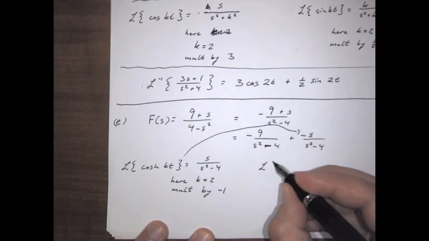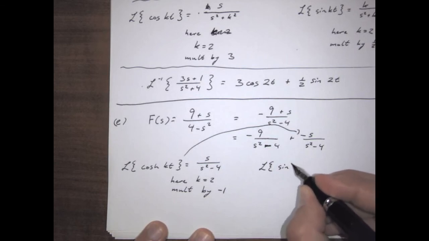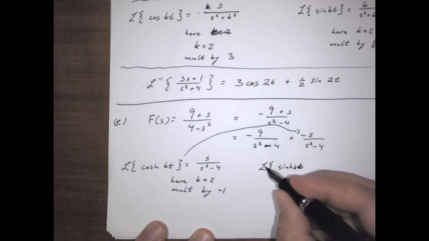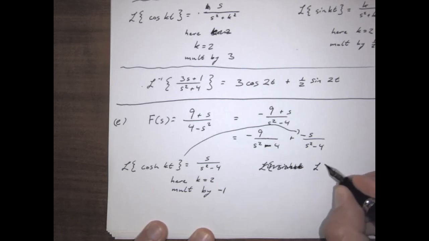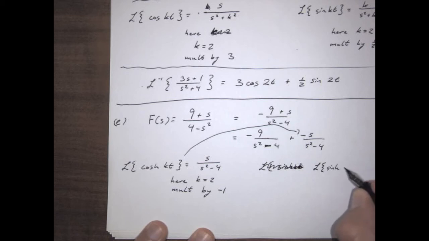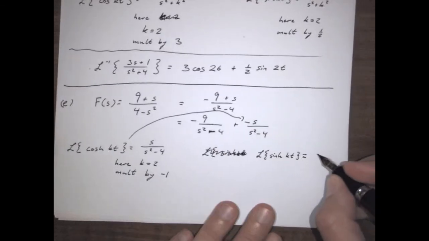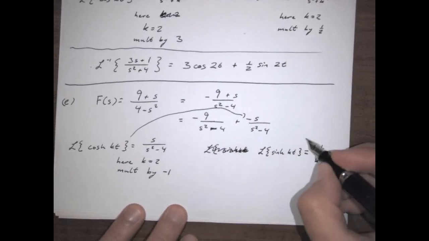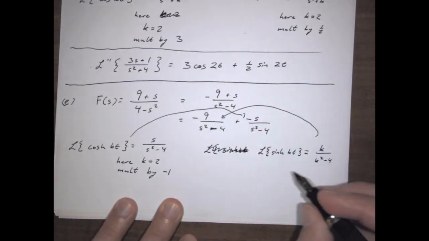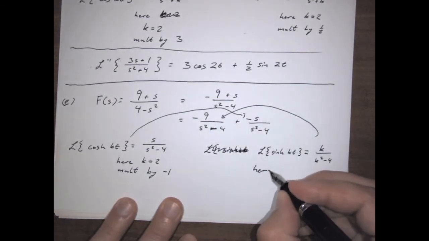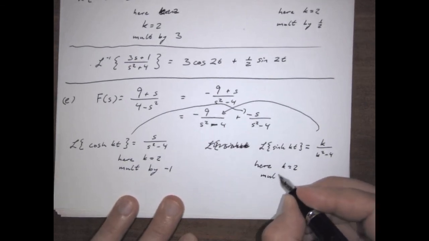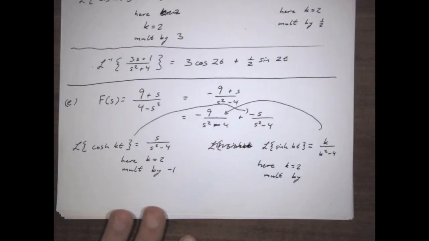And then the Laplace transform of sinh kt is equal to k over s squared minus k squared, where here we'll be talking about k equals 2 again, and we'll have to multiply by, well, we're supposed to have a 2 on the top.